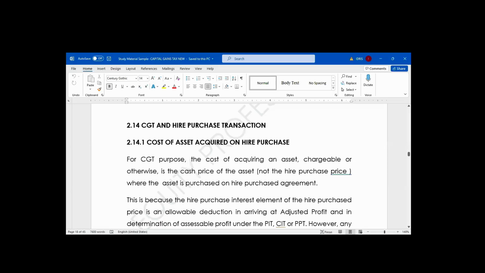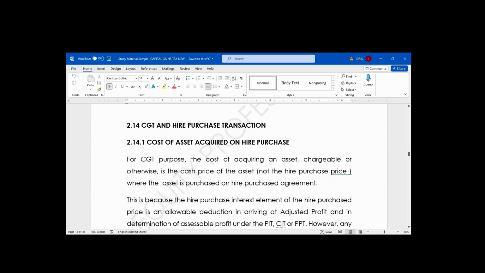When we talk about hire purchase transactions under capital gain tax, we can classify it in two ways.